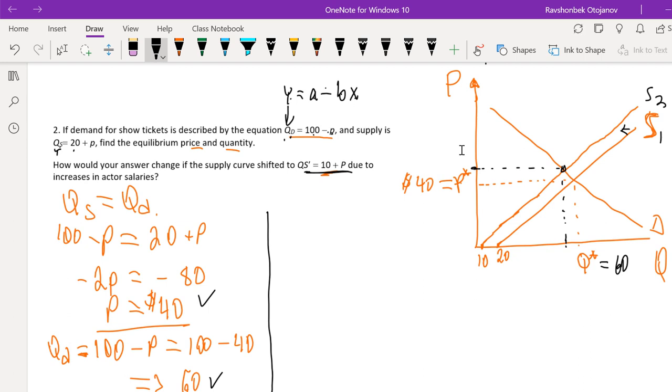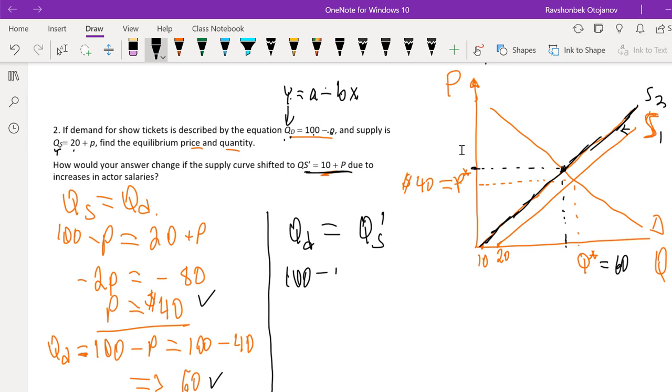Let's work this out. We will equate quantity demanded to the new quantity supplied, QS prime. Demand didn't change, the demand line stays the same, it's just that this line is now our new supply curve.